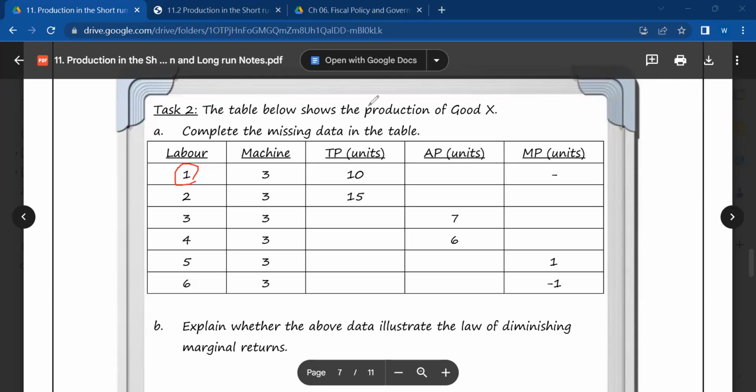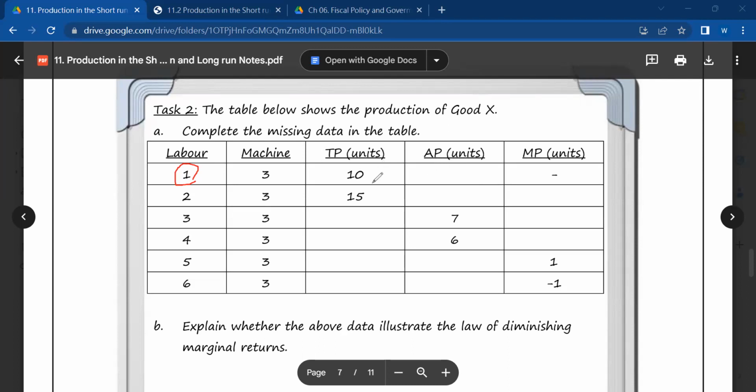AP is 10 too. Okay, how can you get the answer of 10? 1 times 10. Okay. Actually, you're right, but your method is something wrong.